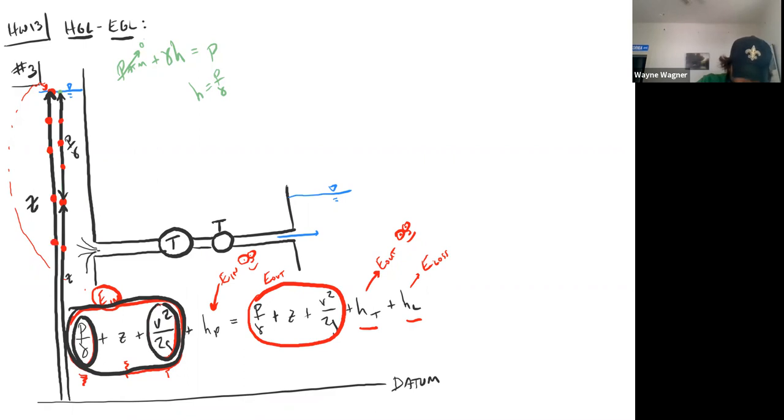What's going on is we're having a trade-off between pressure and depth, okay? But the total amount of energy remains the same, okay? And so this quantity right here, P on gamma plus Z plus V squared on 2G, this is EGL. Okay, that's the energy grade line.